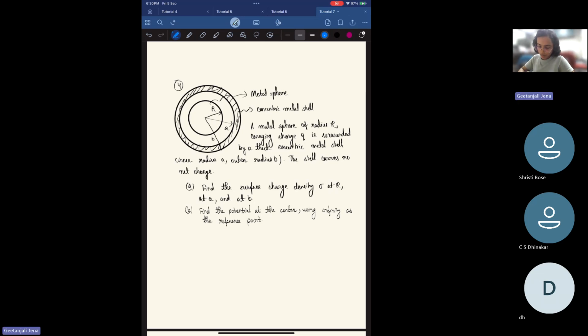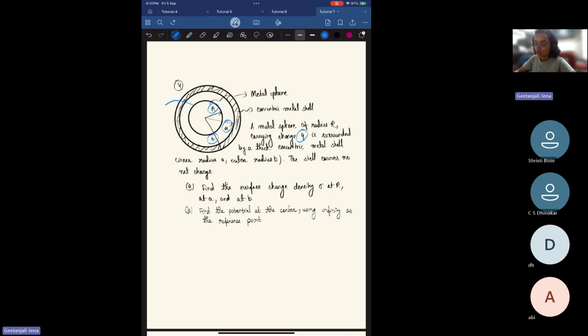Okay, so let us move to our next problem. It's based on conductors. So there is a metal sphere and it's surrounded by a concentric metal shell. The radius is given for the inner metal sphere, it's R, and for the outer concentric metal shell, one radius is A, the other radius is B. Given that the inner one has a charge of Q, but in the outer shell, there is no charge.